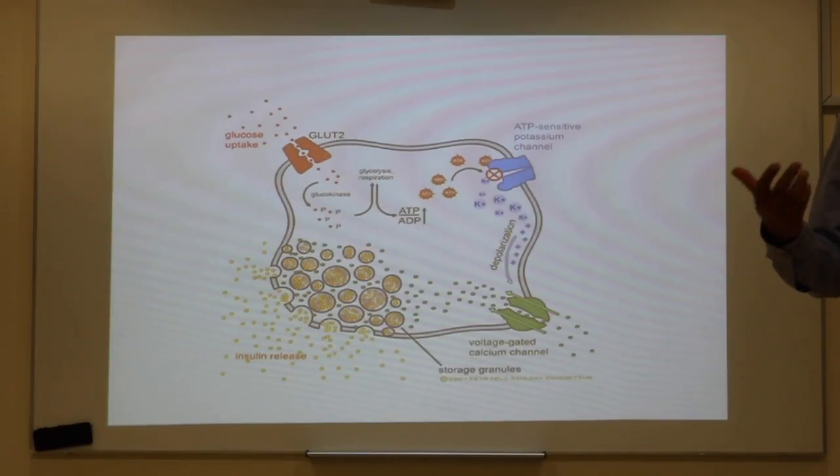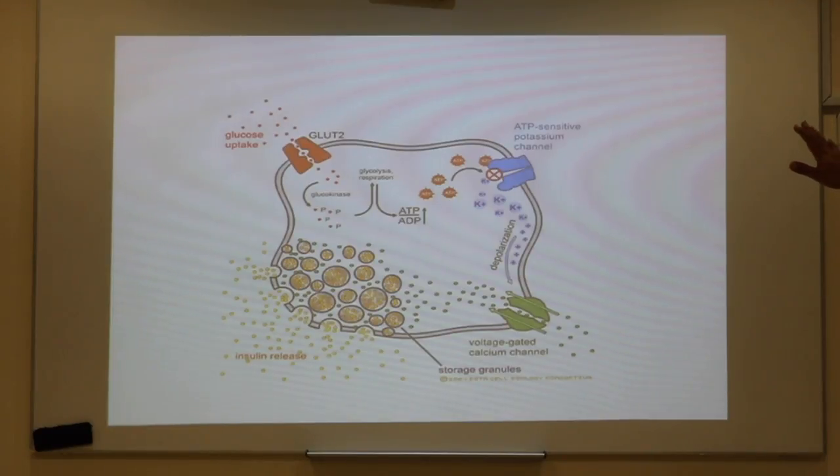In type 2 diabetes, the beta cells are still there, but you have resistance to insulin, because you need insulin in most of your tissues for glucose to be absorbed. If there is resistance to insulin and your tissues cannot utilize glucose, then you have the second type of diabetes, which is called type 2 diabetes.